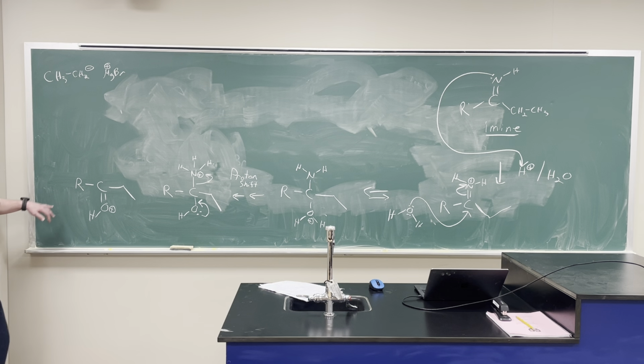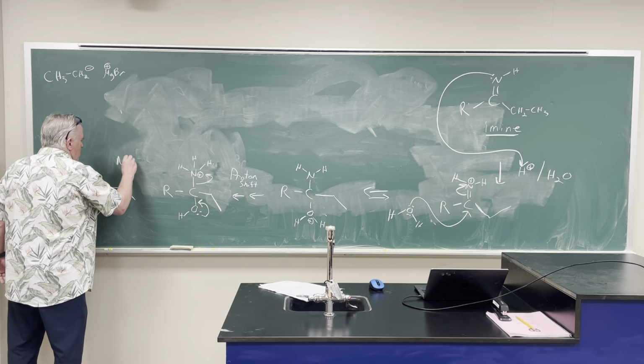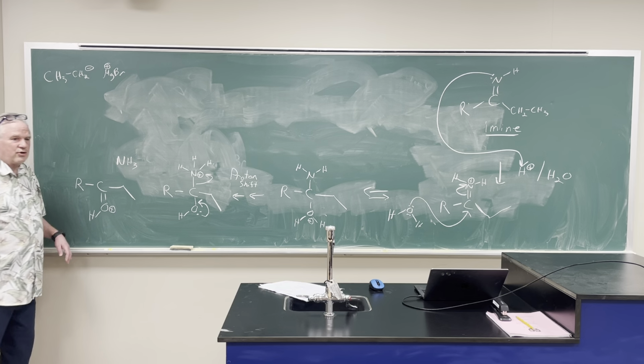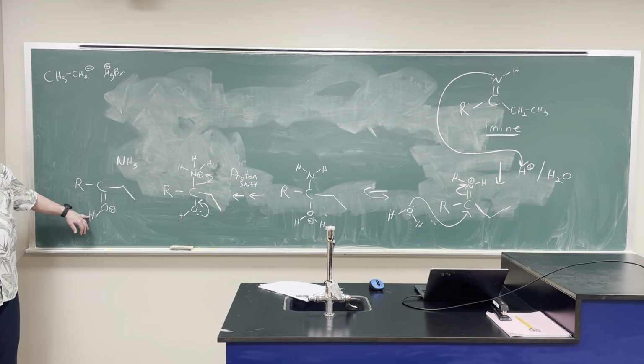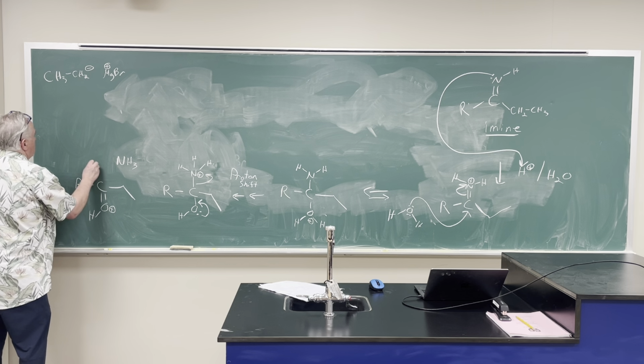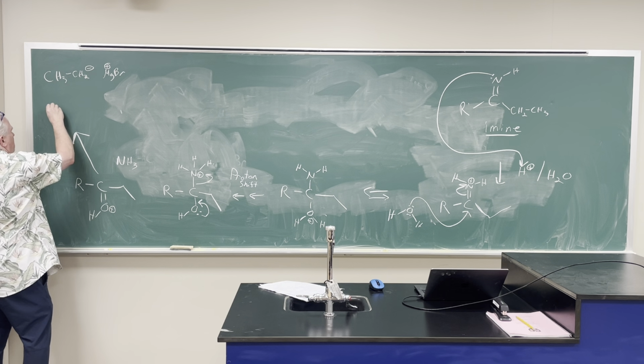There we go. And NH3. NH3 happens to be a pretty good base. It's going to float around. It's just going to rob this proton off of here. And we're going to end up with our product that we want.